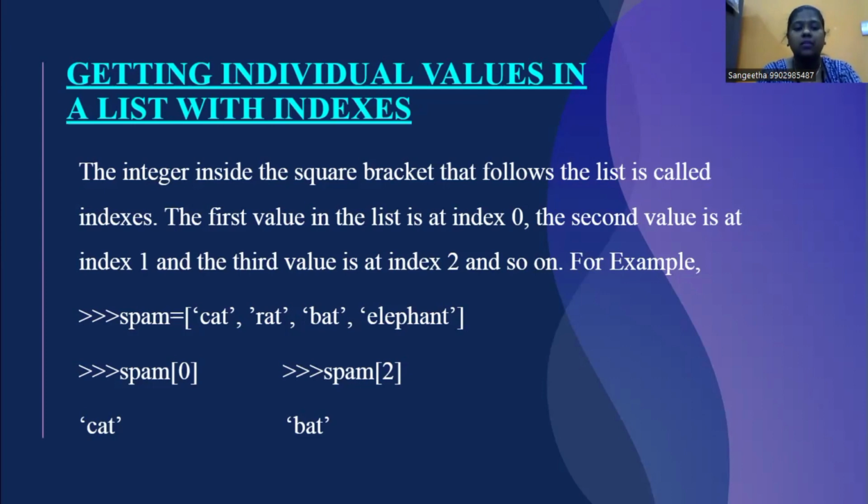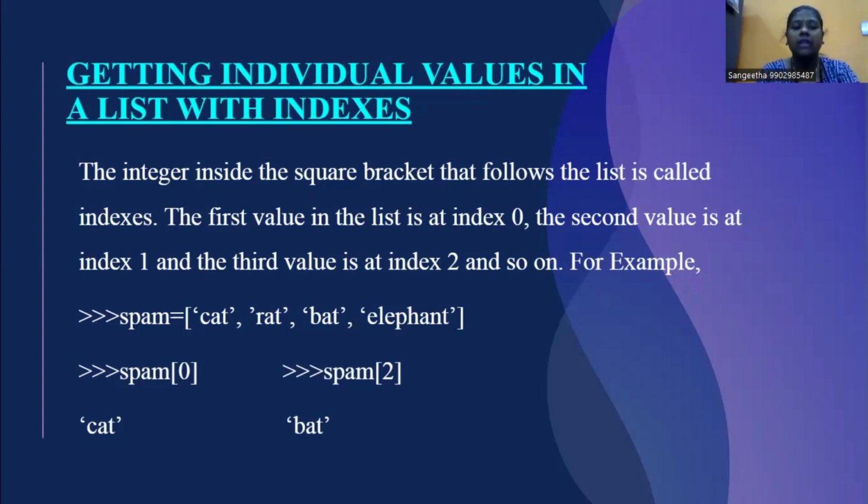For example, spam = [cat, rat, bat, elephant]. If we write the code spam[0], it returns cat, because cat is inside the list where the index value of cat is 0.